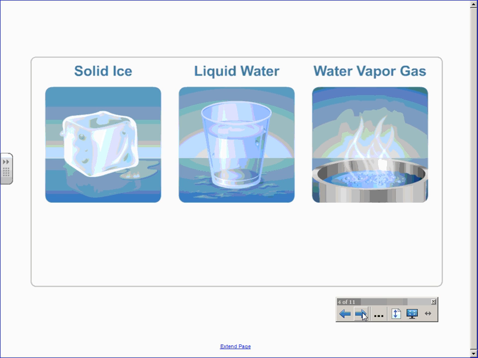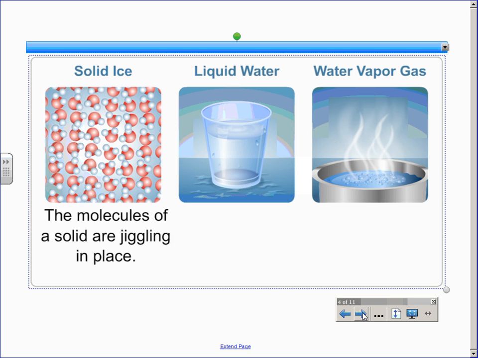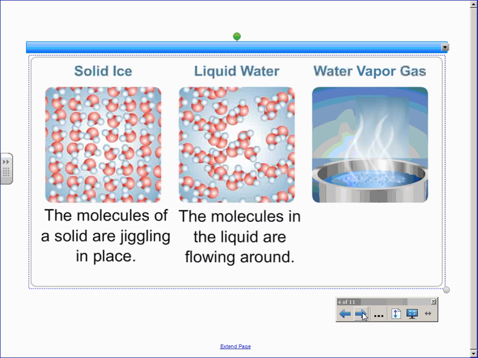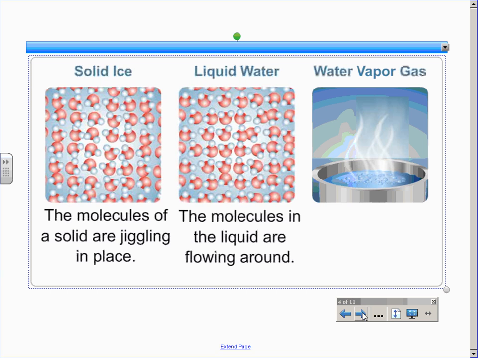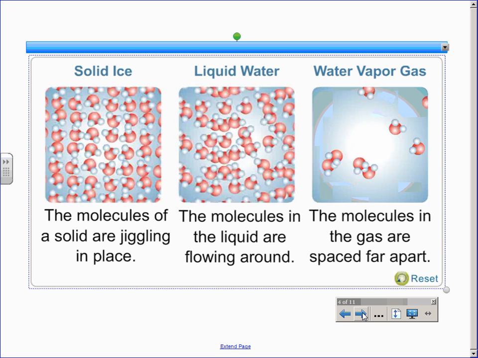All right, turn up the heat on ice. The molecules first are all jiggling together in one place. And they start moving around a little faster, and then finally, what's going on with those? Whoa! The molecules are spaced far apart.